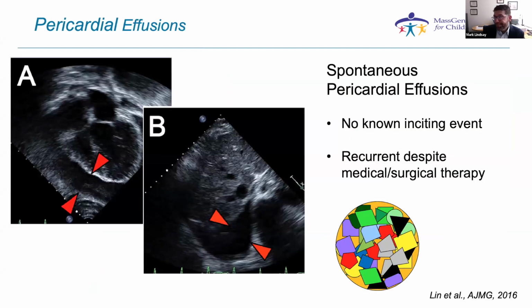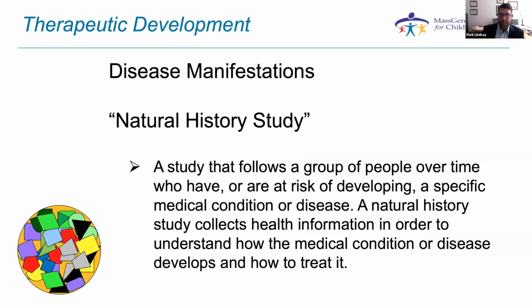Or what about pericardial effusions, where we know this happens at a higher rate in people with Myhre syndrome, where fluid collects around the heart? Is that a good thing to target? Maybe if we had a medicine, we could see whether this happens less if people are on the medicine. But you can't propose to do that until you know how often this actually happens in the first place, because you don't know if you're going to help if you can't see it and how it happens.